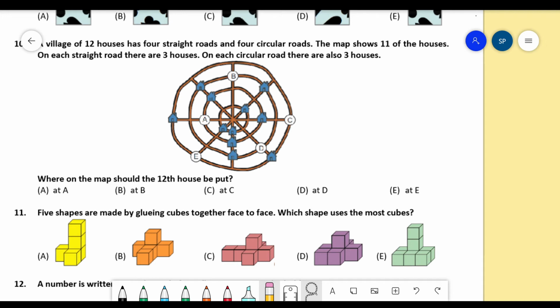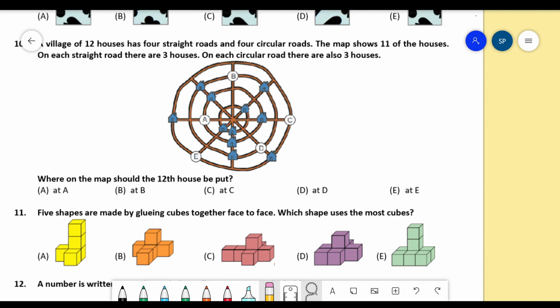Okay, so if we look at the circular roads, we see that the inner circle, the smallest circle, has 3 houses. The second layer has 3 houses.